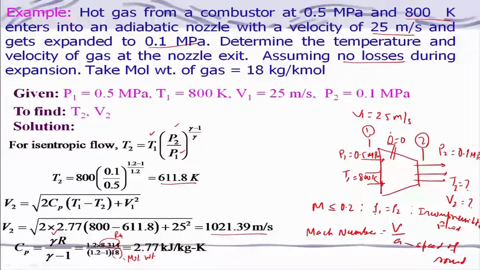But if it is more than that, it is a compressible fluid where you cannot assume that rho 1 is equal to rho 2, and you will have to take care of the density factor. We have taken a very simple example, and the complexity of the problem increases as you go on.